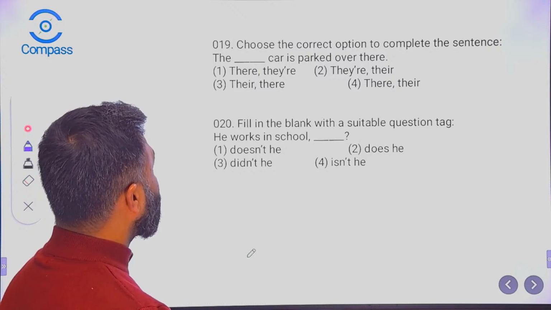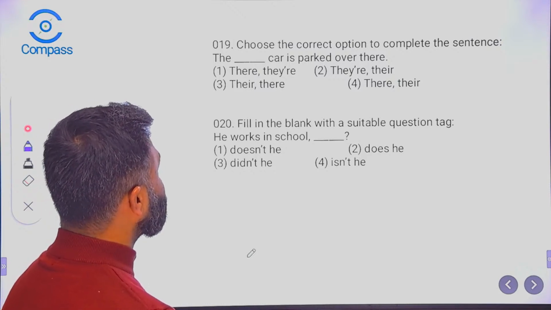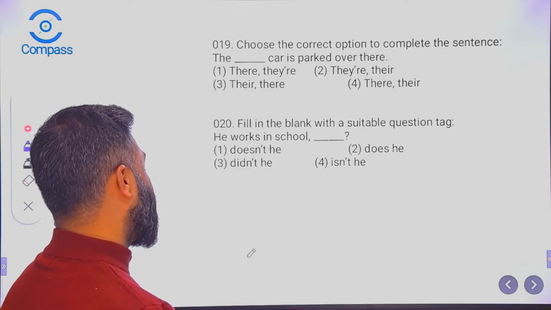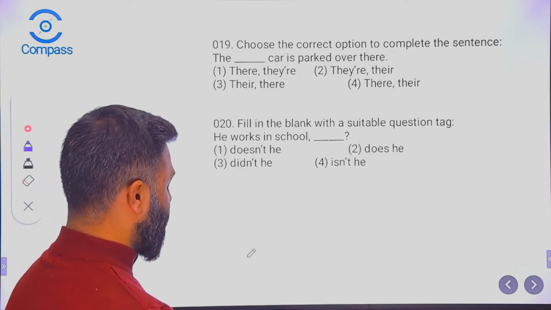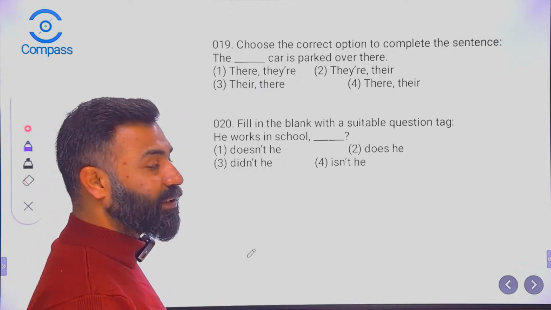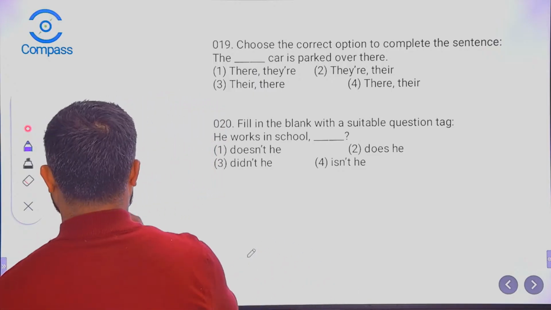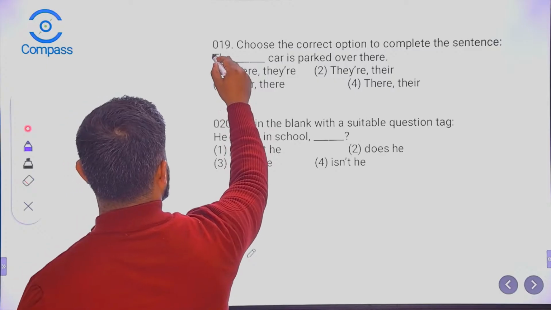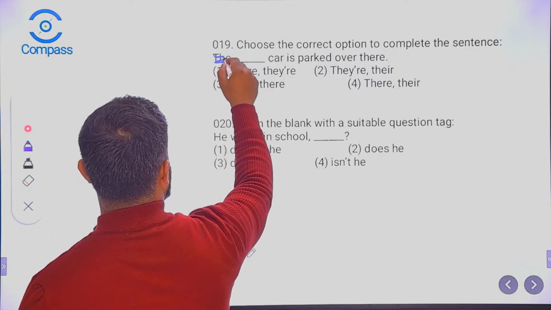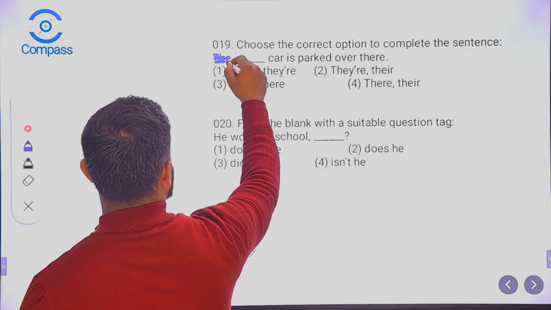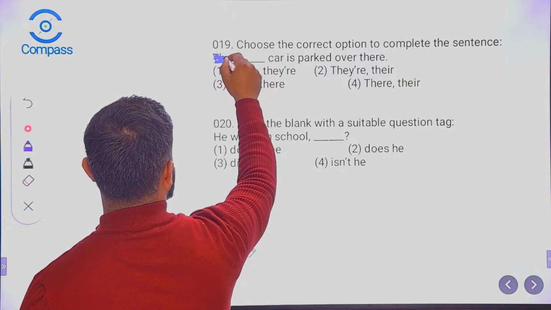The dash car is parked over there. Now, okay. This question has some error in it, and we are going to rectify the error. Okay, so first of all, I want to cut this.